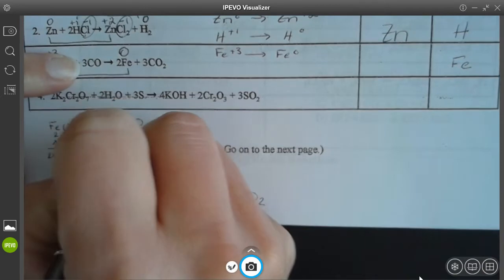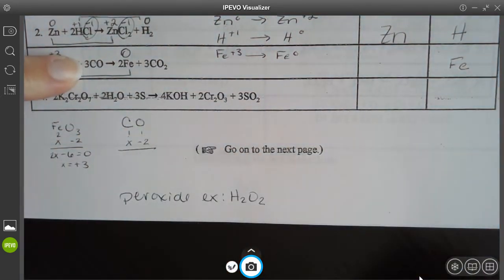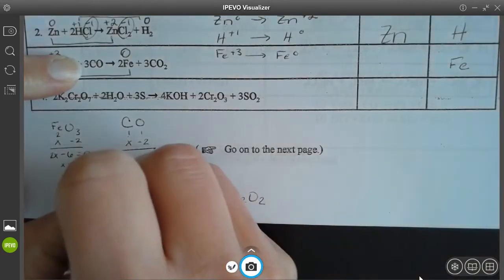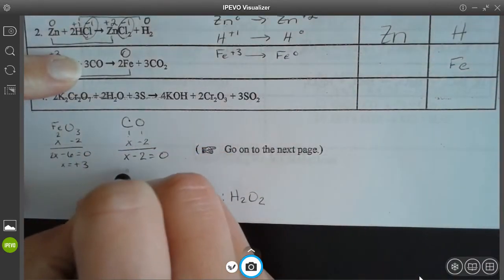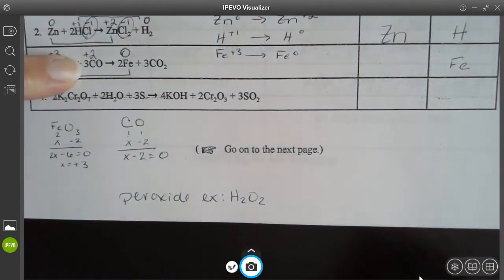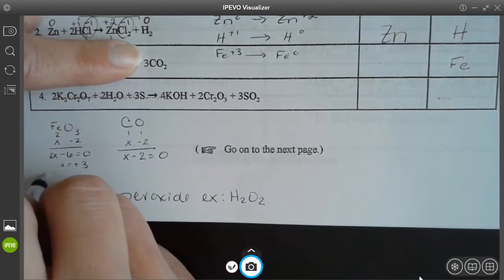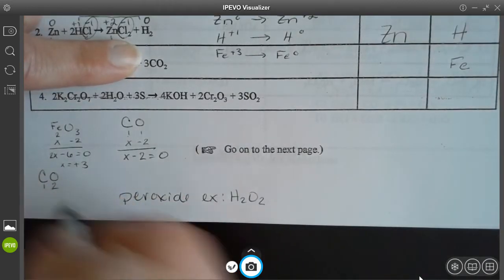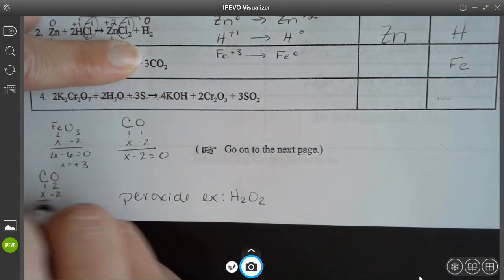So CO, we've got one of each. Carbon, we don't know. Oxygen's going to be -2. X minus 2 is 0, so this carbon is going to be a +2. And carbon dioxide, still don't know carbon.